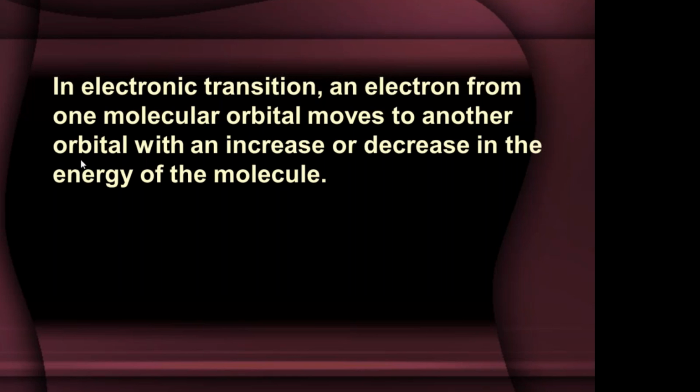So you can use the same thing to talk about absorption and relaxation, but either one of these has to be used. So in absorption, it's an electronic transition, and here an electron from one molecular orbital moves to another orbital with an increase in the energy of the molecule. However, when the molecule is relaxing, that would also be an electronic transition where an electron from one molecular orbital moves to another molecular orbital with a decrease in the energy of the molecule.